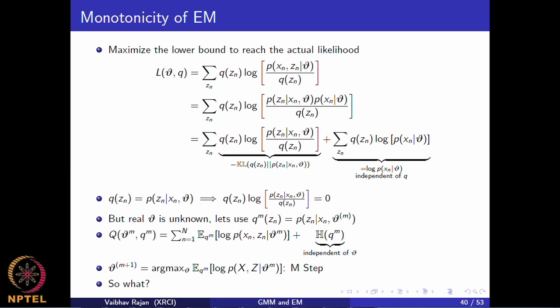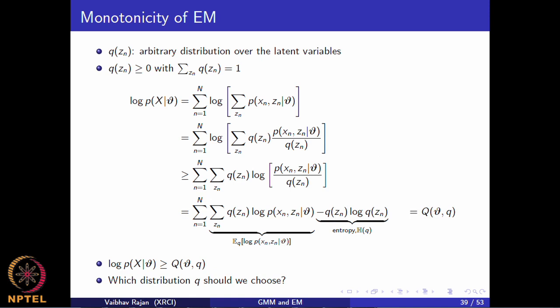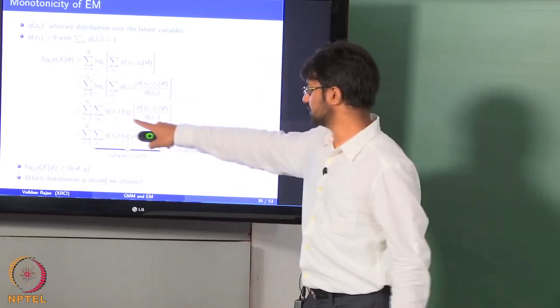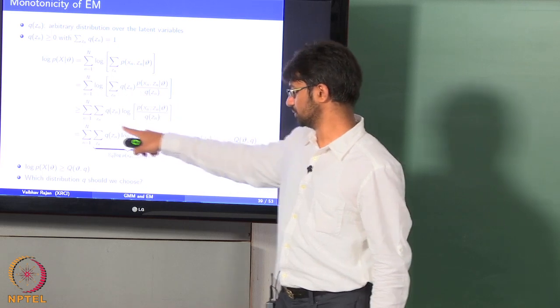Right. So let me again summarize what I did. I took the log likelihood. This is the likelihood that we are interested in for getting maximum likelihood estimates. Using Jensen's inequality, I got a lower bound.